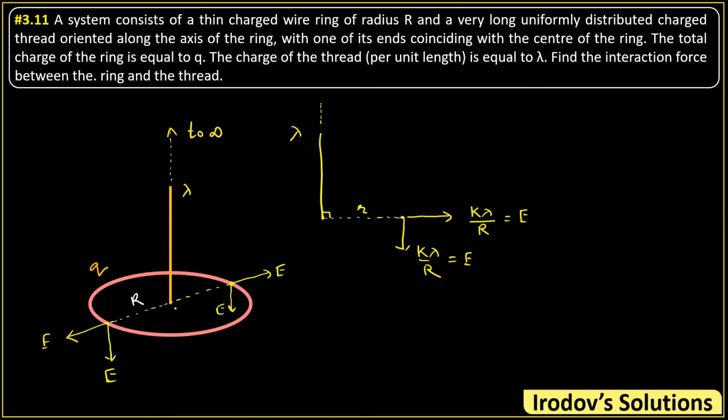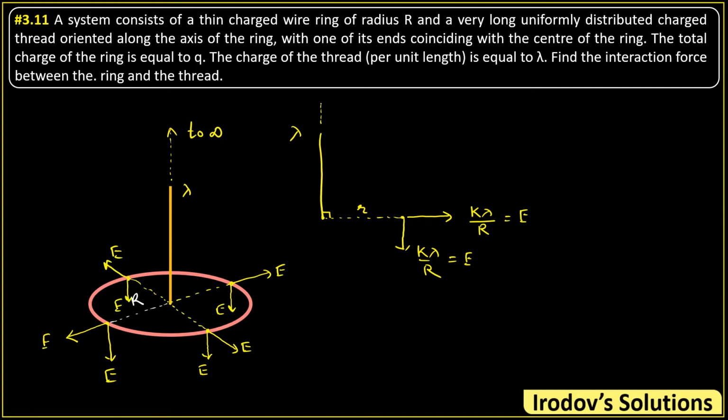Suppose I take this point here. Here the axial component would be like this E, and then there will be a component in the downward direction like this. And if I go to the diametrically opposite point, the axial component would be like this E, and the downward component would be like this.